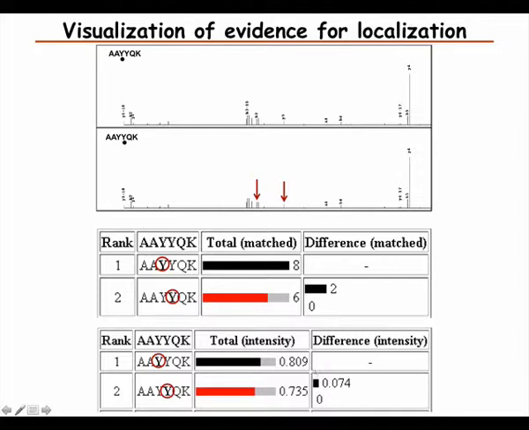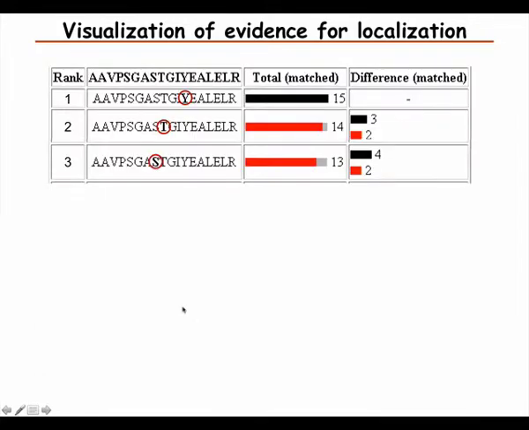So this is a very clear case, and we don't have any specific evidence that it's the second one. But if we look at this case, for example, this is a longer peptide. From what we have most evidence for, it's either this tyrosine, this threonine, or this serine that's fragmented.